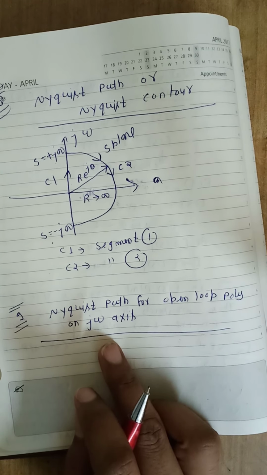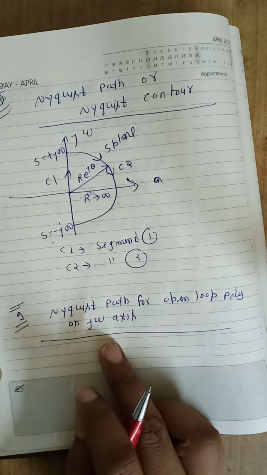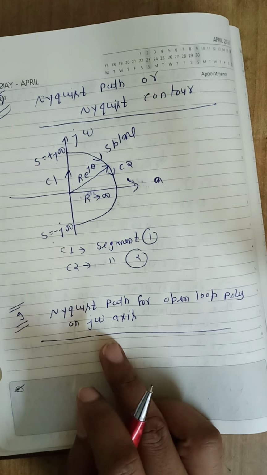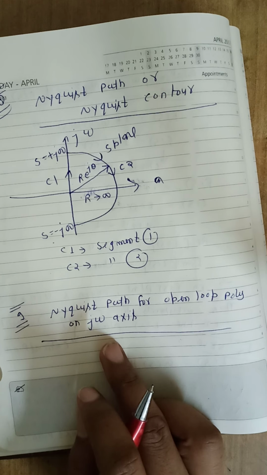If the transfer function has a pole at the origin or poles on the j omega axis at points other than the origin, the contour in the S plane must be modified so as to bypass any j omega axis pole.